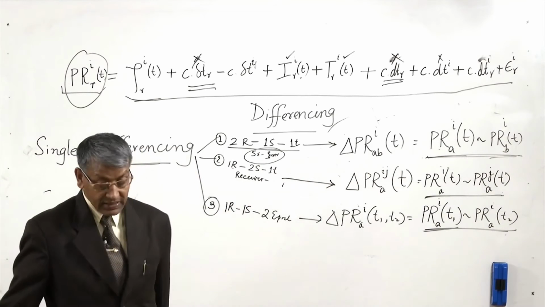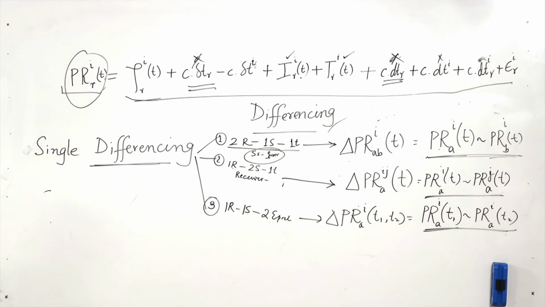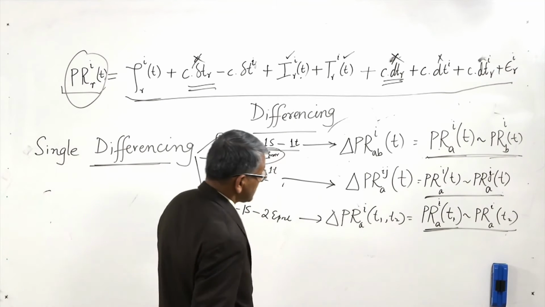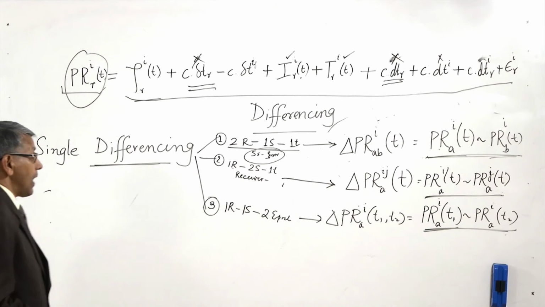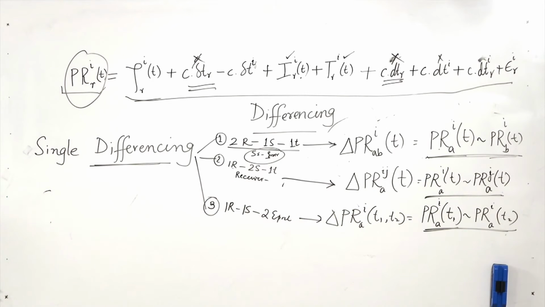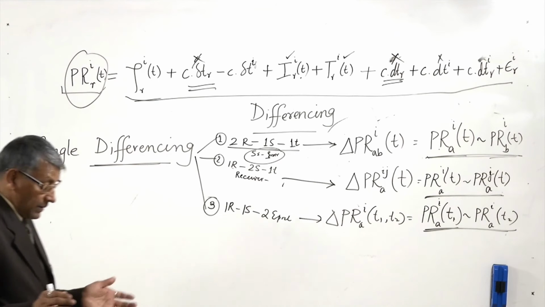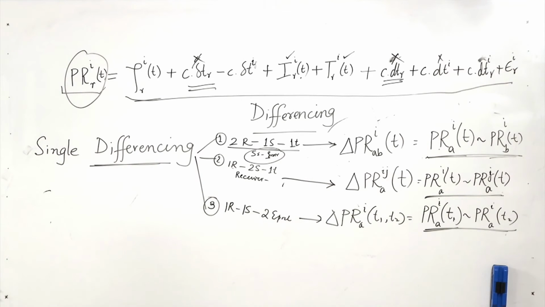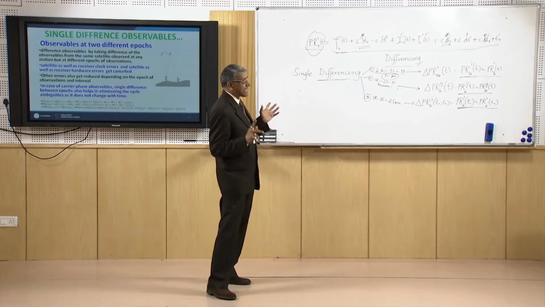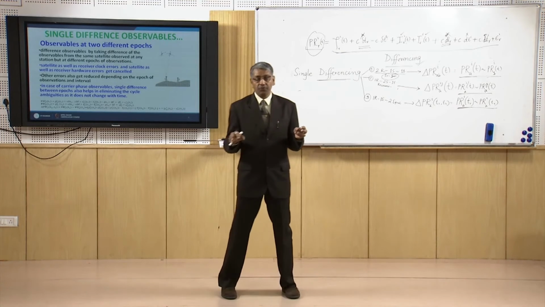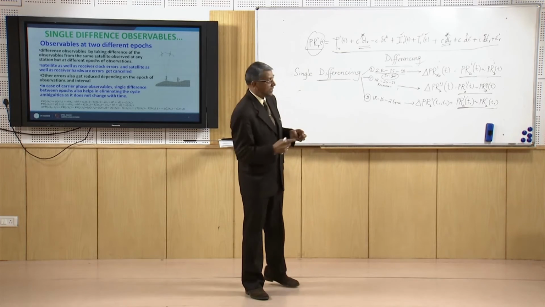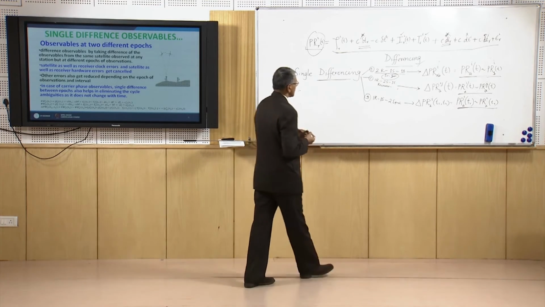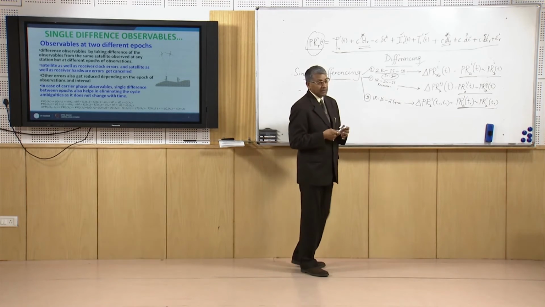In this way we can remove some of the errors and reduce some others. However, because the multipath error depends on the geometry of the satellites as well as the configuration of the receiver with respect to adjoining objects, in no case can we avoid the multipath error.